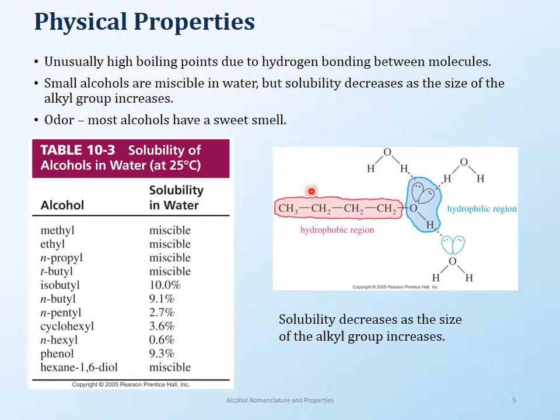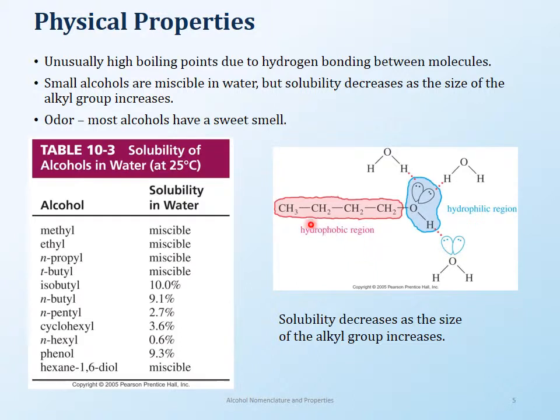But then the solubility will decrease as the size of the alkyl group increases. Why? Because now this is van der Waals forces, and van der Waals forces and hydrogen bonding don't go well together. So by the time you get to octanol or nonanol, anyhow, you will start seeing two layers, okay, because now the alcohol will not be soluble in water anymore.